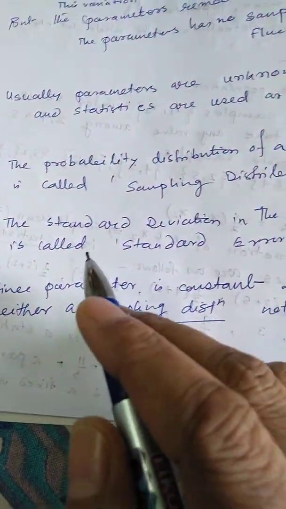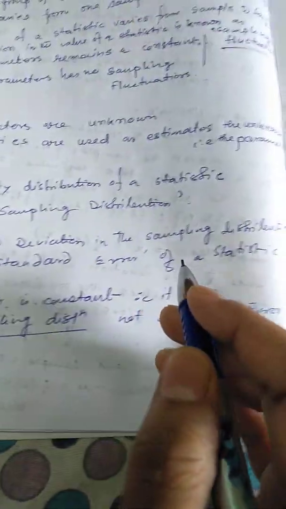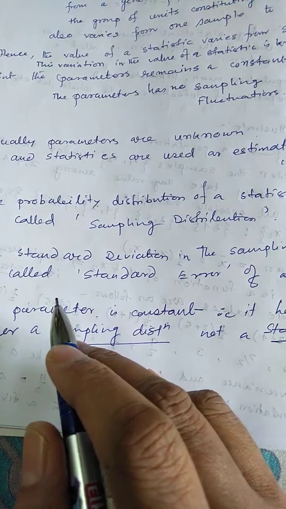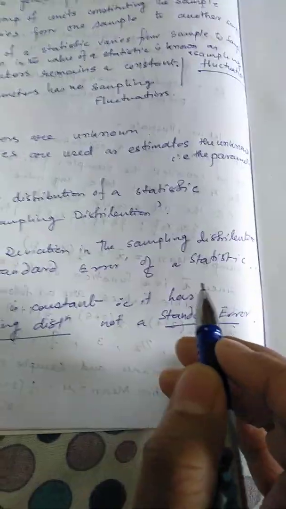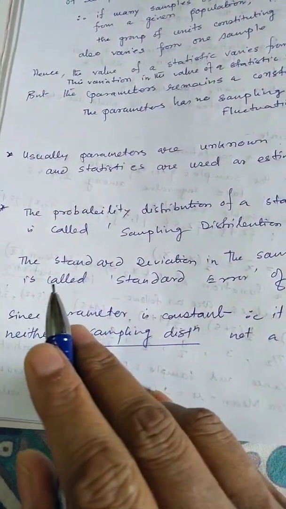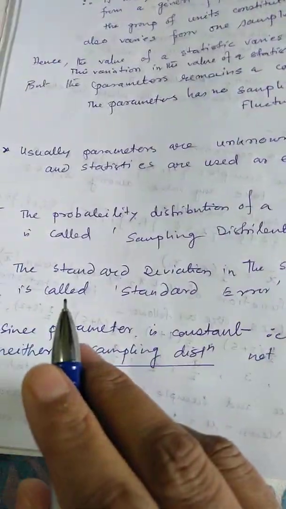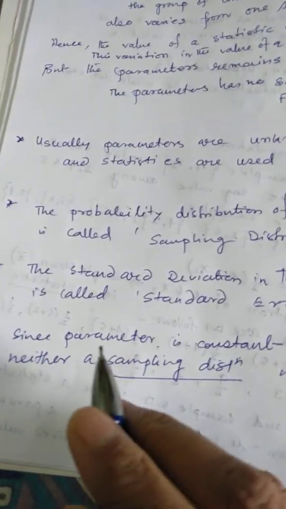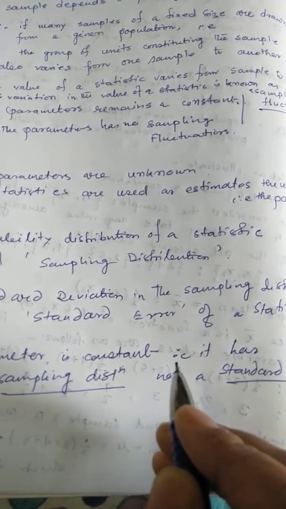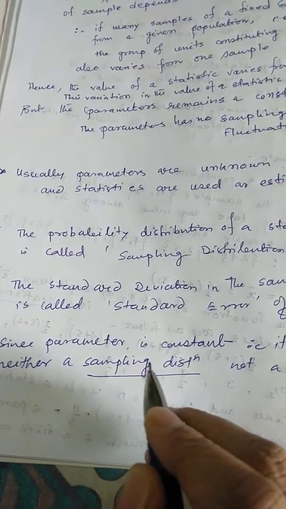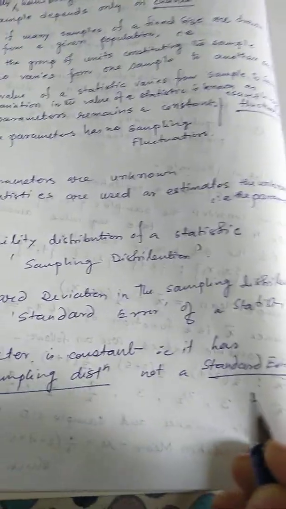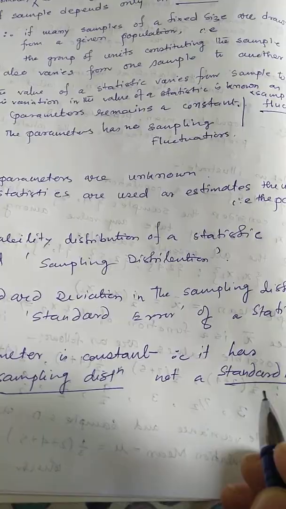Therefore, the standard deviation of the sampling distribution is called the standard error of a statistic. Since a parameter is constant, it has neither a sampling distribution nor a standard error. Thank you.